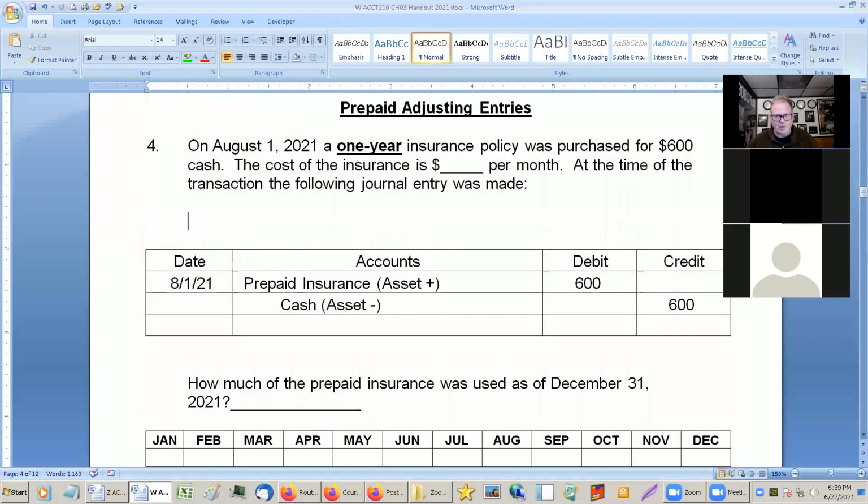How much is the insurance per month? $50. Yep. Okay, so that's how much we have to expense each month.